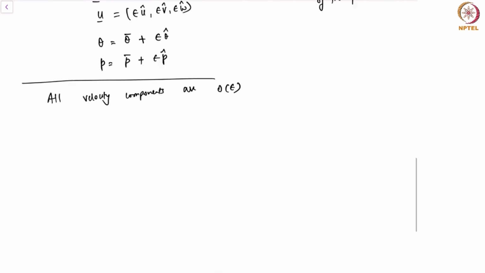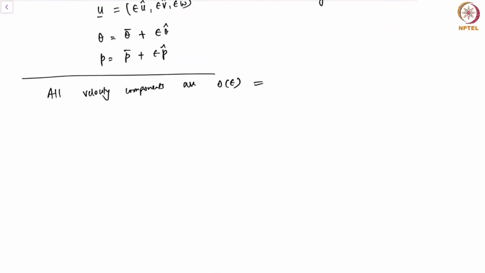Therefore terms like u dot grad u, and you will have 9 terms here because u is a vector, all these terms will be order epsilon squared, and hence they are small and can be ignored.